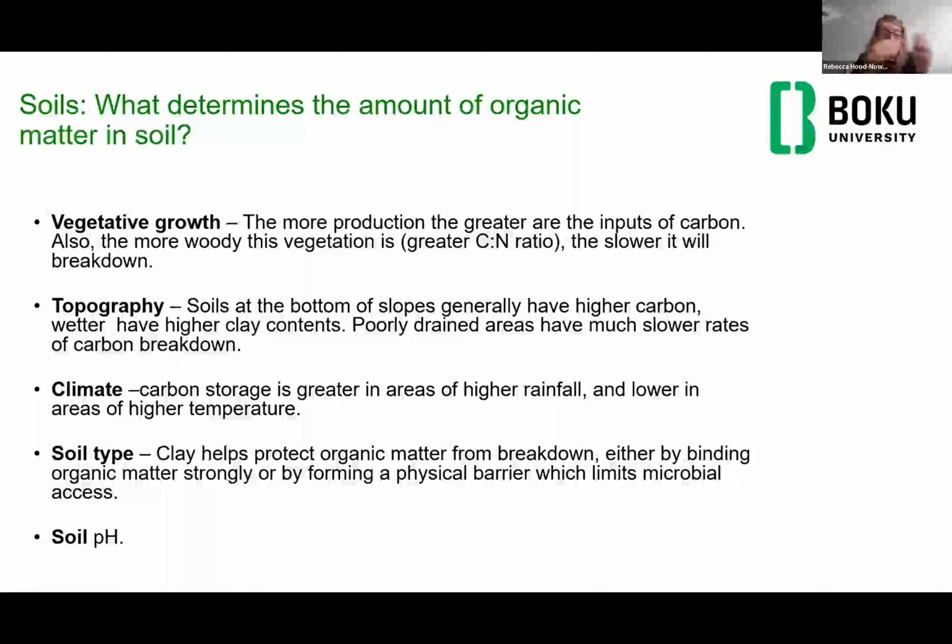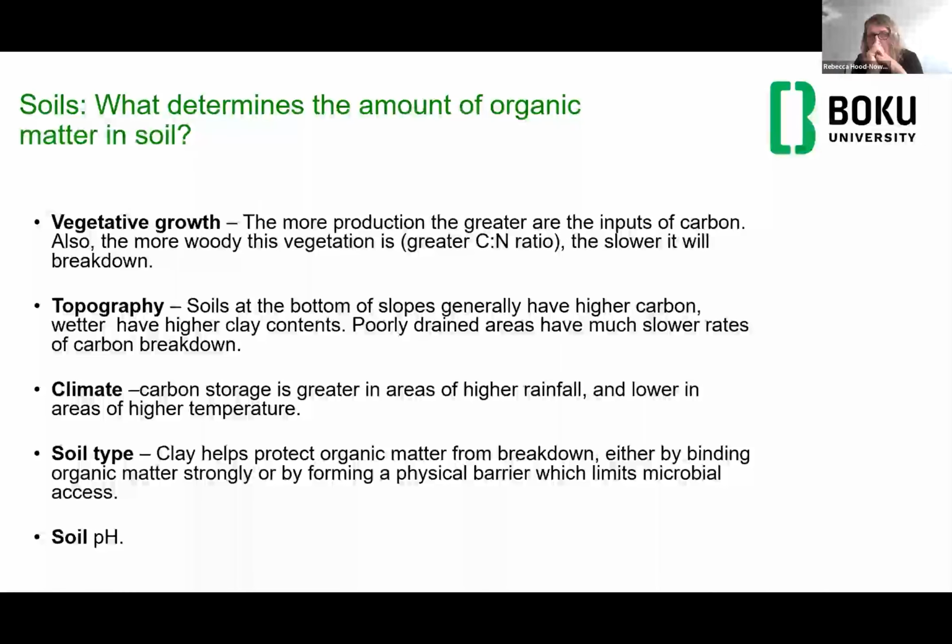However, what we're finding more and more is that the root carbon inputs and the carbon inputs from below ground are almost more important than those residue carbon inputs from above ground. So it's pushing more towards root carbon management strategies.